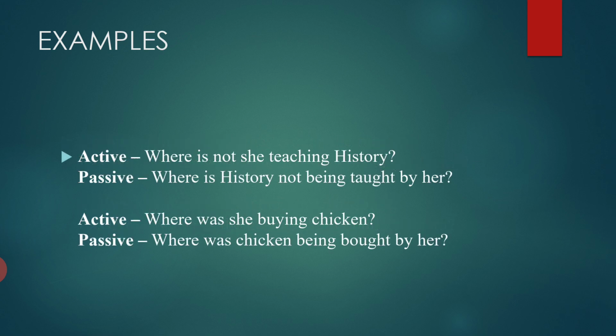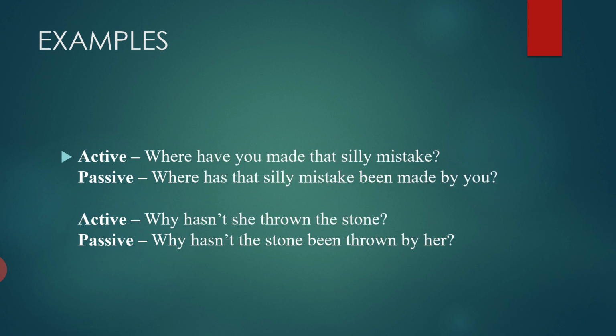Where is she not teaching history? Where is history not being taught by her? Where was she buying chicken? Where was chicken being bought by her? Where have you made that silly mistake?